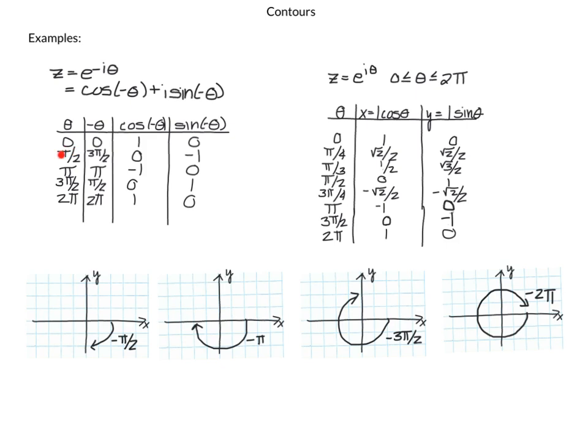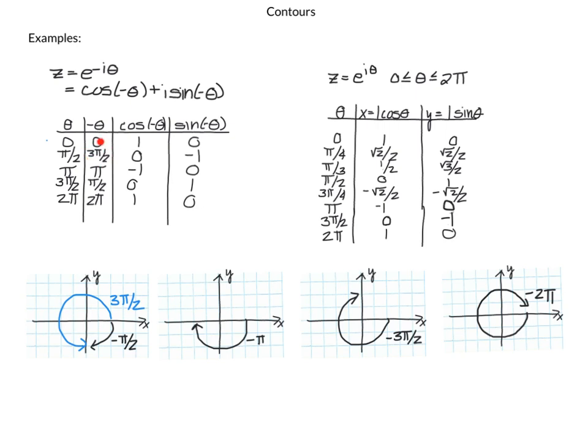When I'm at pi over 2, this is what I think of. When I want negative pi over 2, the negative sign means I'm going to go in the clockwise direction instead of our normal counterclockwise direction. So negative pi over 2 in the counterclockwise direction is equal to 3 pi over 2.